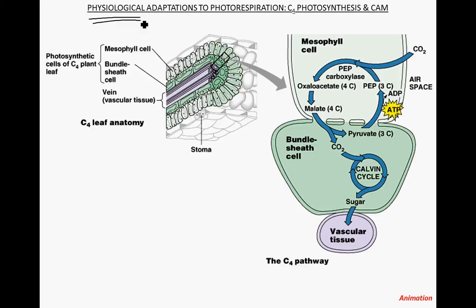And this involves the cells that are around the vascular tissue here, the veins. And so we're going to zoom in here. We have bundle sheath cells here in dark green, which is where the Calvin cycle is happening. And then we have these mesophyll cells here where this C4 photosynthesis is going to happen.